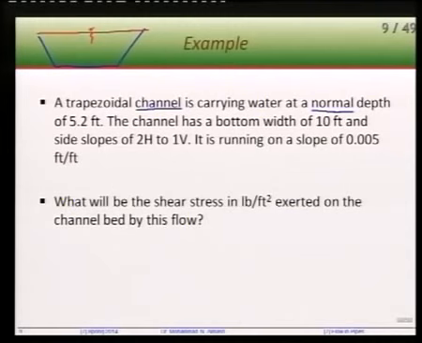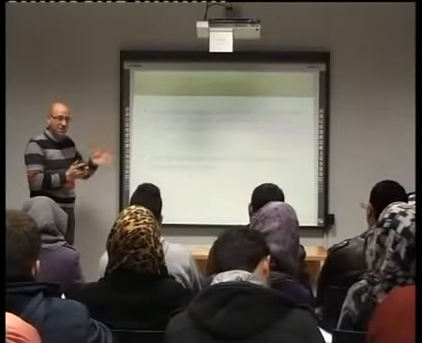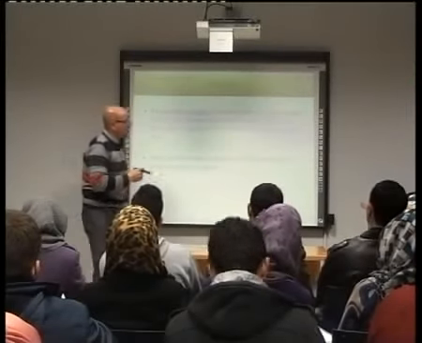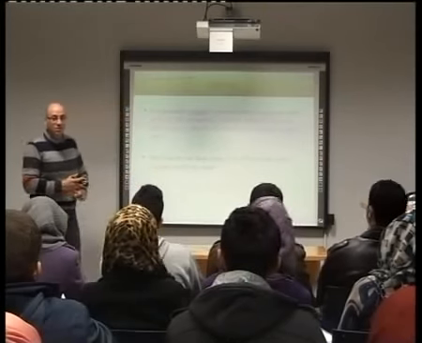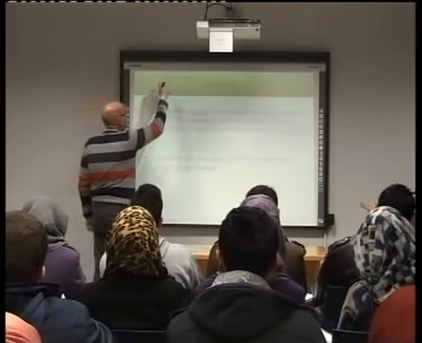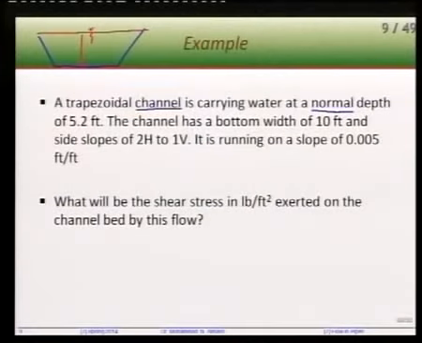So wherever, now this is, by the way, a longitudinal perspective section, that you are standing like this and the flow is going this way. We are not really having a side view yet. So the normal depth is the uniform depth. That is, this distance is 5.2 feet.